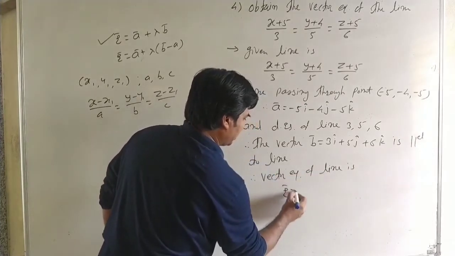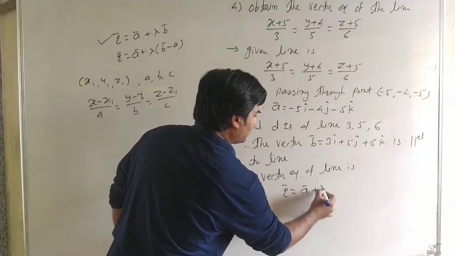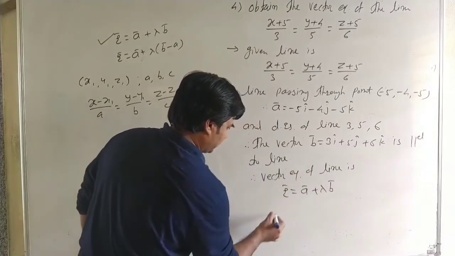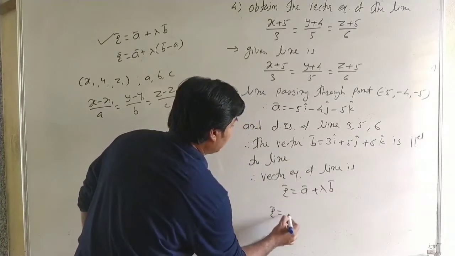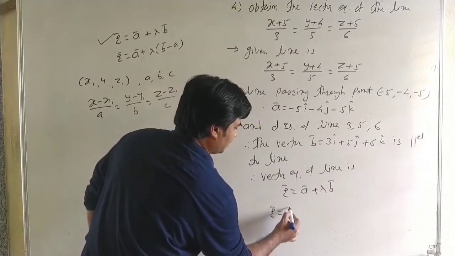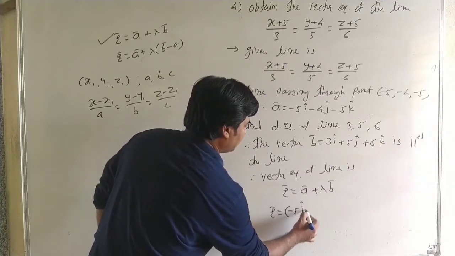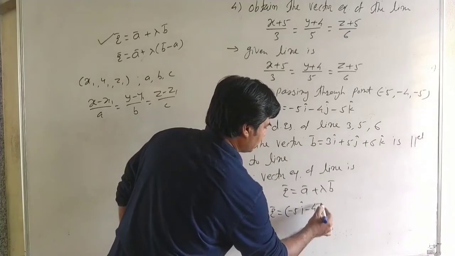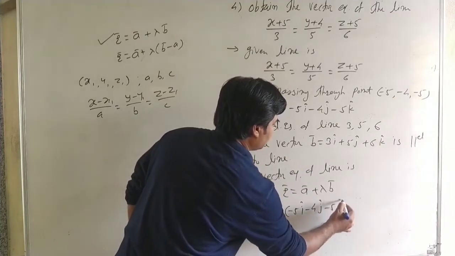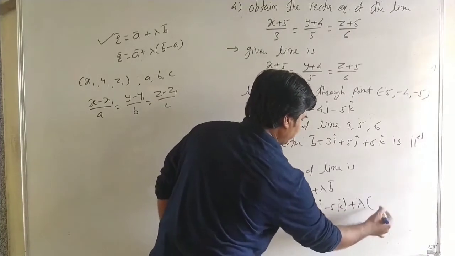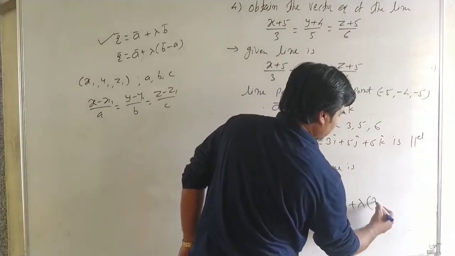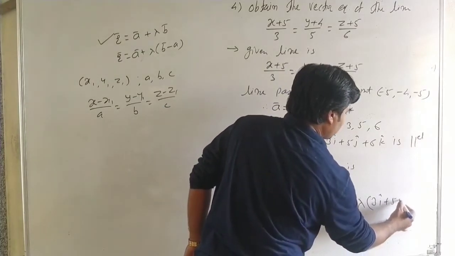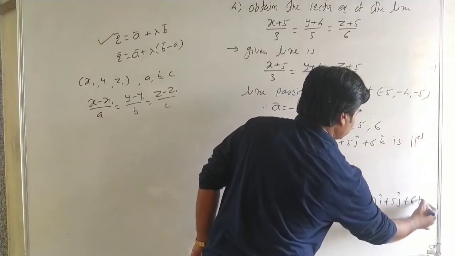The vector equation is r bar equal to a bar plus lambda b bar, and then r bar is equal to -5i cap, -4j cap and -5k cap plus lambda into (3i cap plus 5j cap plus 6k cap).